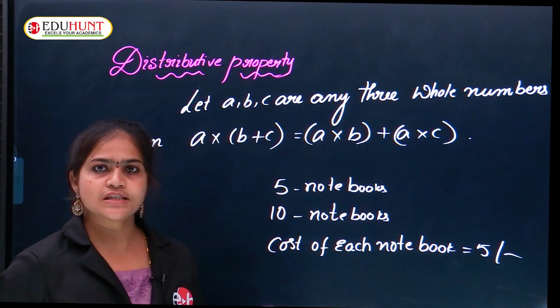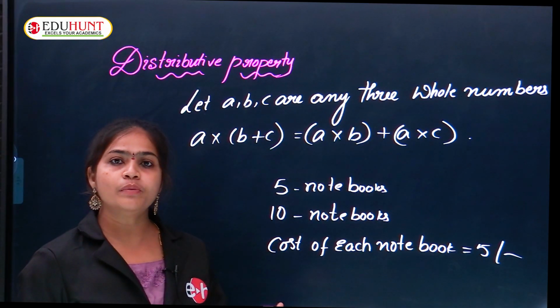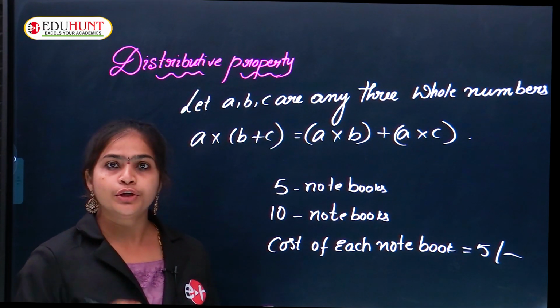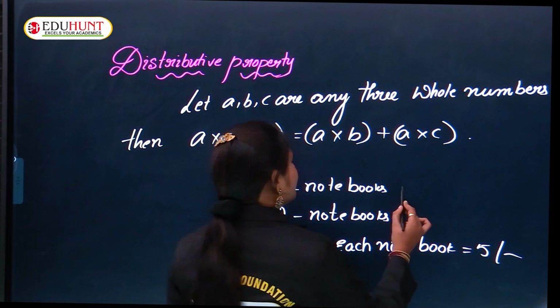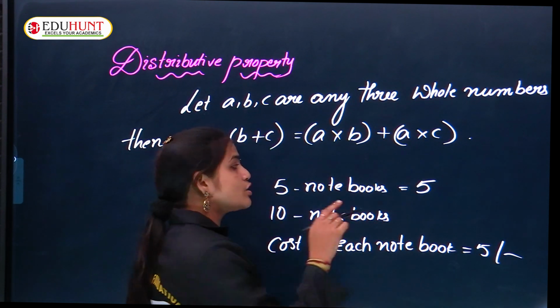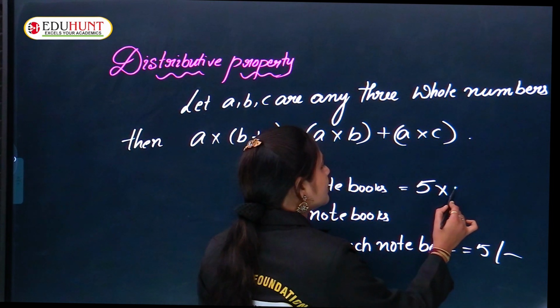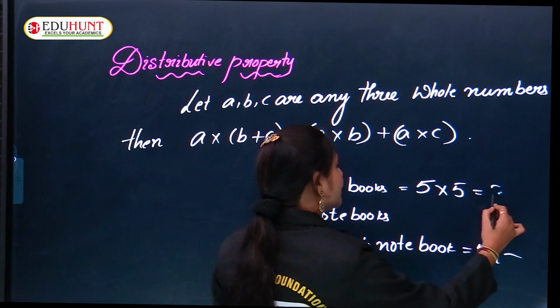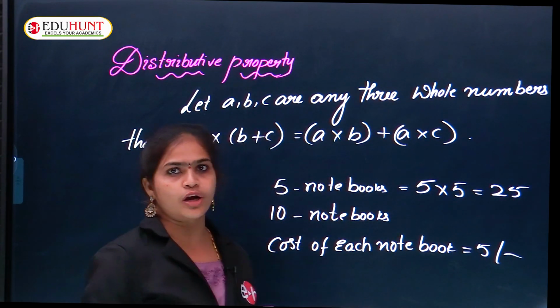Now say how much you will pay to the shopkeeper. You alone, how much do you have to pay? You purchased 5 notebooks and the cost of each is 5 rupees, so 5 into 5, 25 rupees you will pay to the shopkeeper.